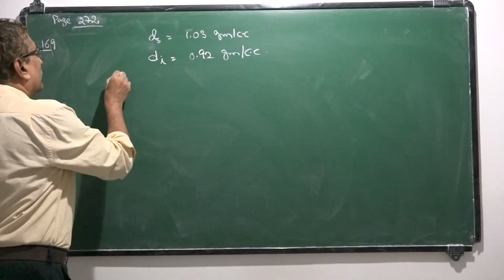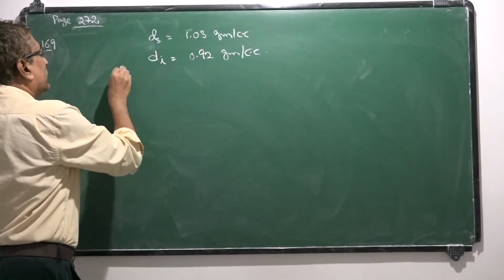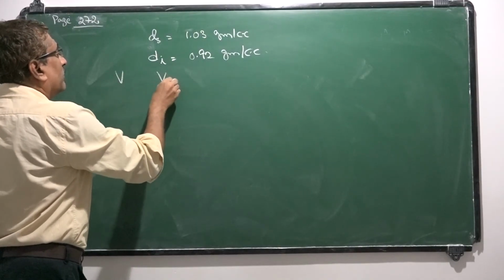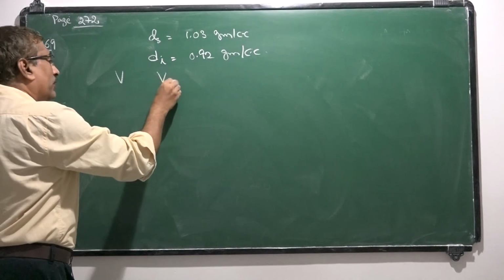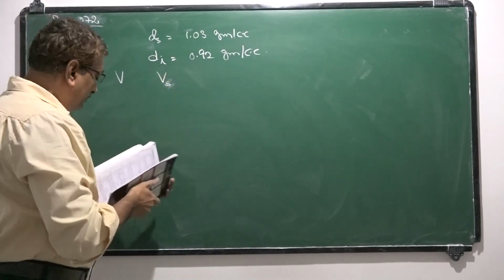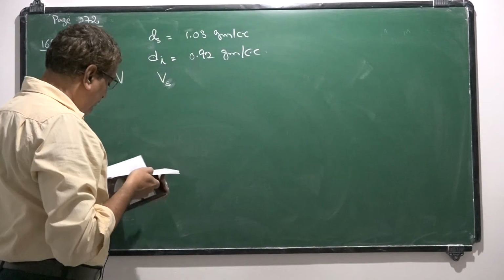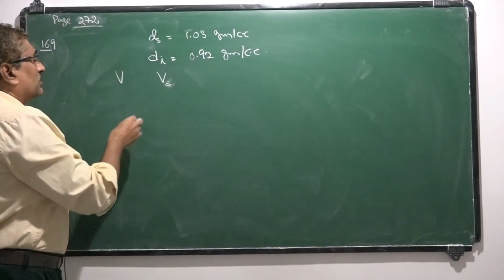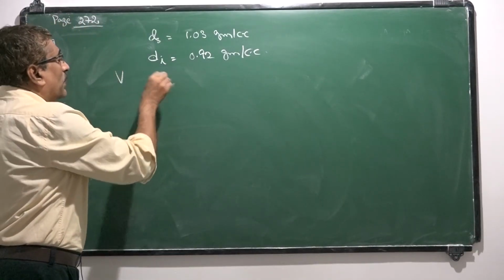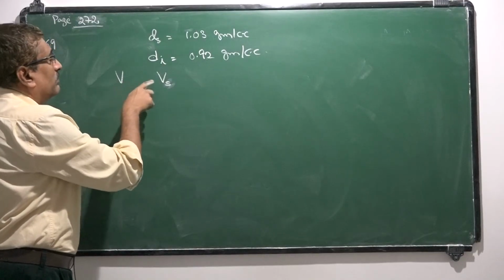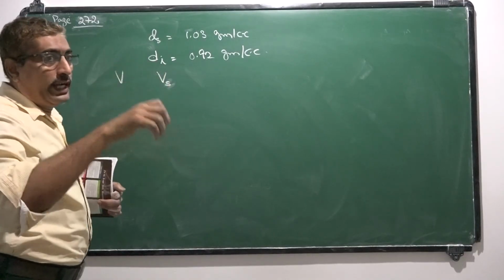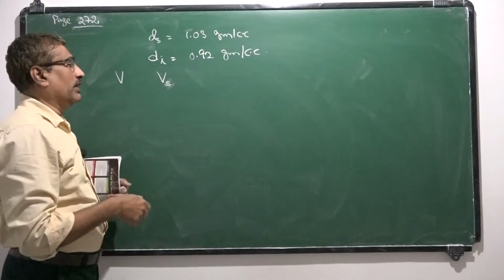So assume that V is the total volume of the ice, then Vs is the volume immersed in water. So V is the total volume and Vs is the volume of the iceberg which is inside the seawater.